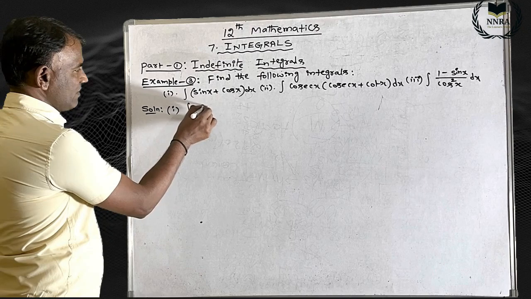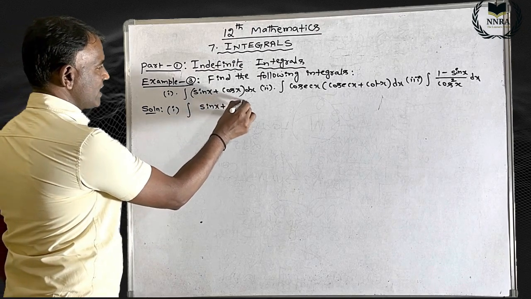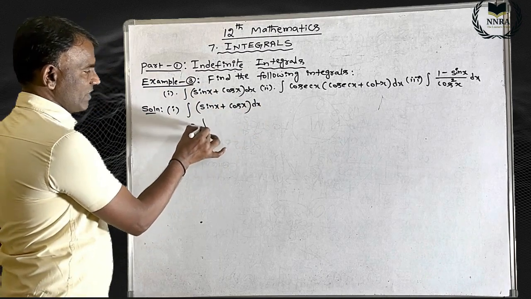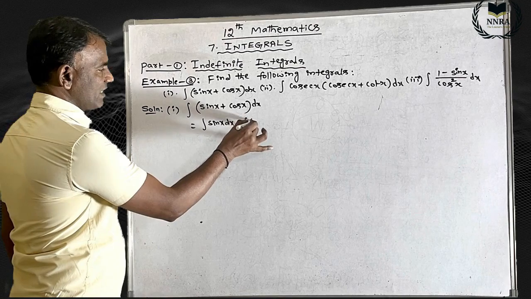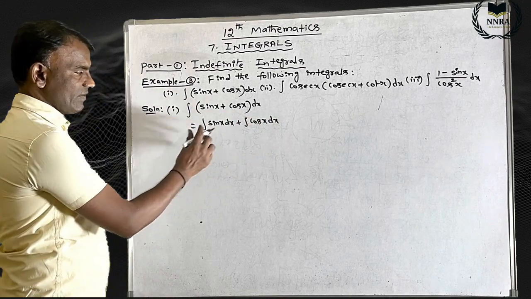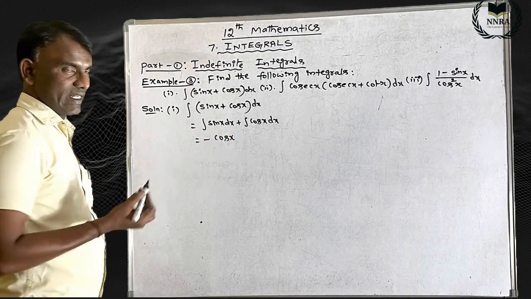the integral of sin x plus cos x dx can be written as the integral of sin x dx plus the integral of cos x dx. And what is the value of the integral of sin x dx? That can be written as minus cos x, right?